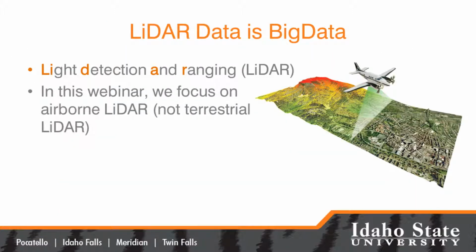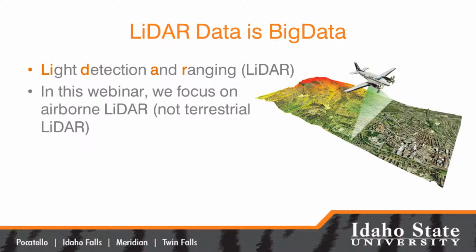Let's talk just a little bit about LIDAR. I don't know how much people attending know about LIDAR, and we're not going to get into all the nuts and bolts here. We're going to focus more on how to acquire LIDAR data, whether you know how it works or not. But just briefly, LIDAR is an acronym. It's light detection and ranging.